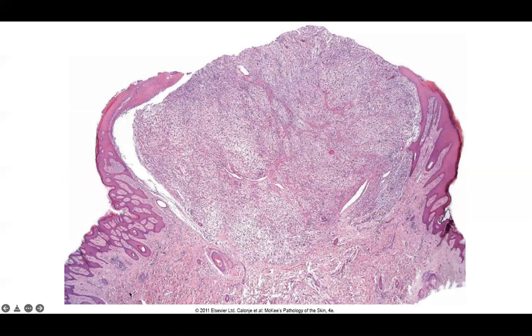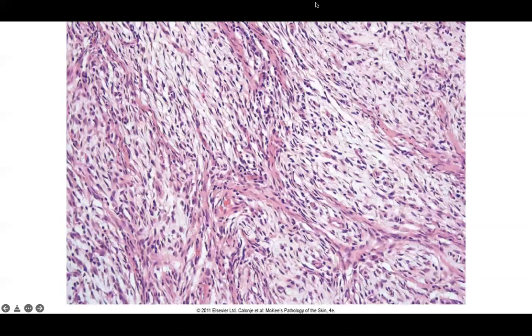So here you see this kind of whorled cellular neoplasm with some areas of more dense kind of collagenous stroma around it. And as you go on higher power, you'll see these very thin, bland spindle cells arranged with these very thin, elongated processes in between. And this is arranged in fascicles throughout. So again, if you do an EMA on this, it's going to be diffusely positive across all of these cells.